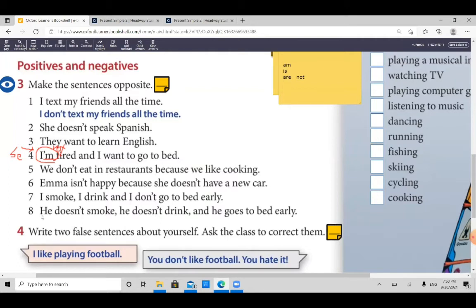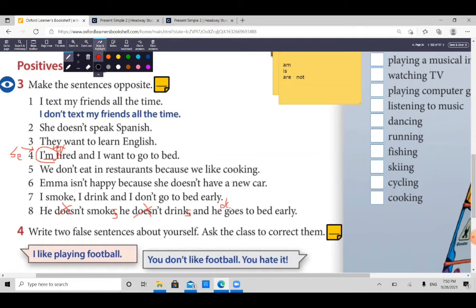Let's start with the first part. So he doesn't smoke. Delete doesn't. And what do we add to the verb? He smokes. Excellent. So he smokes. And he doesn't drink, delete doesn't. He drinks. Yes. And he goes to bed early.